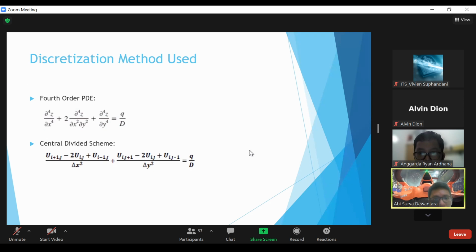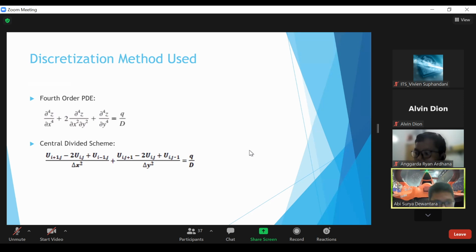Now, the discretization method we use here is for fourth order PDE, which we expand as two second order PDEs, and then we use the central divided schemes to solve the problem.